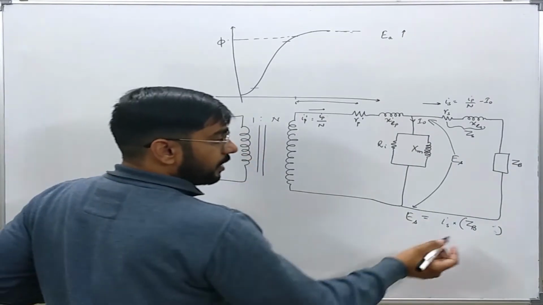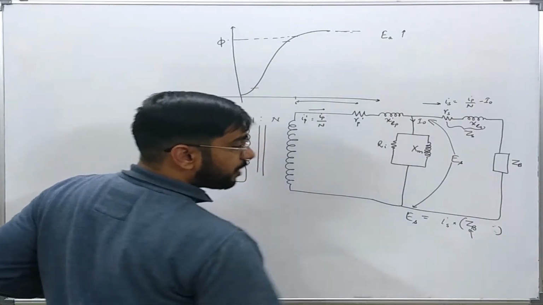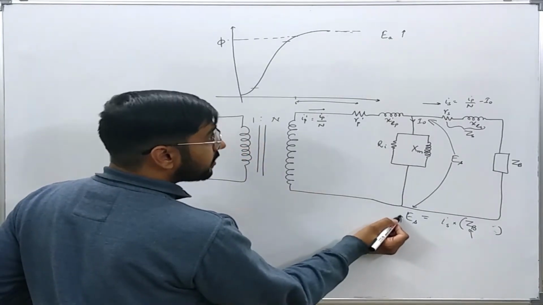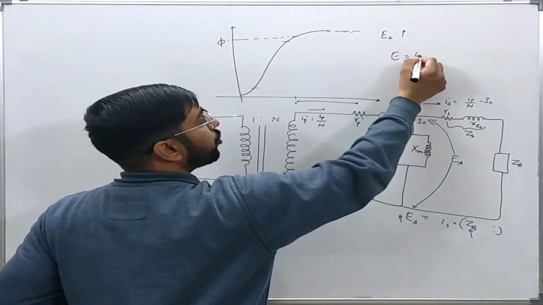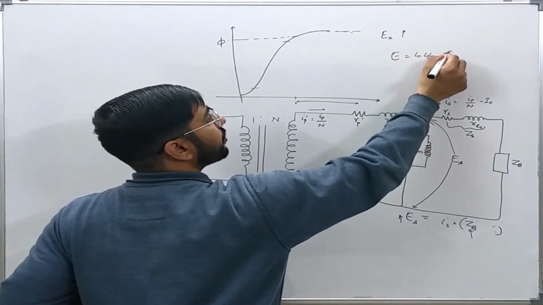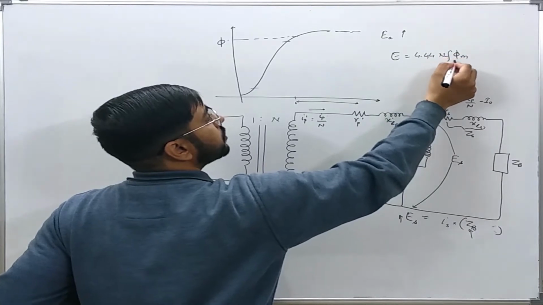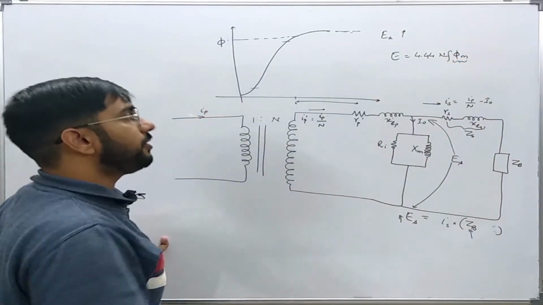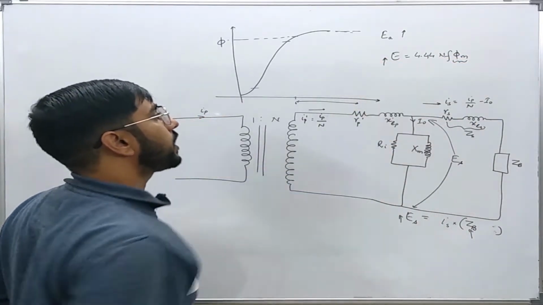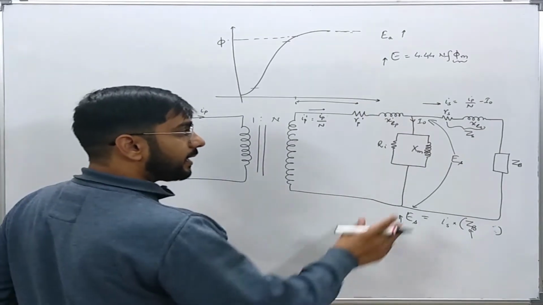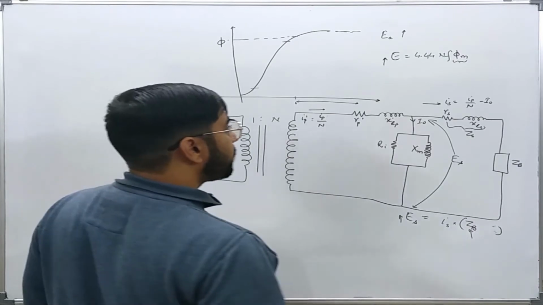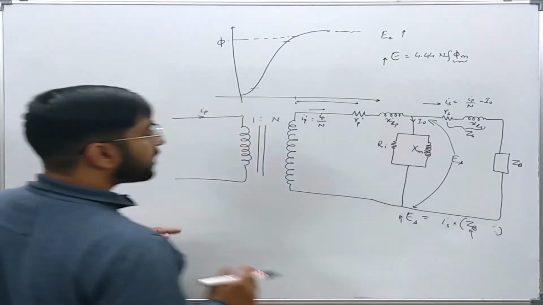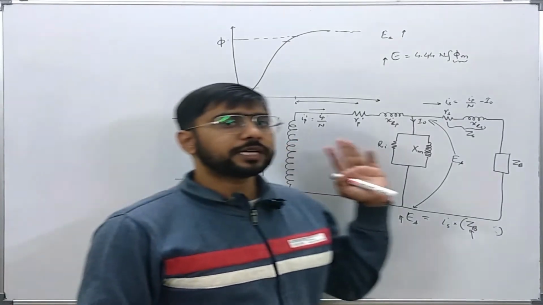So if this ZB is increased beyond a limit, then this ES will require a higher flux, since we know that E is equal to 4.44 N f phi m. So this phi m will be higher if E required is higher. So you see that it may cause the CT core to go into saturation. Now let us say the CT has gone into saturation.